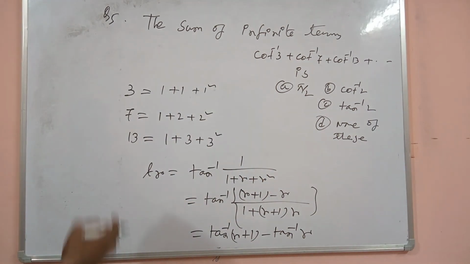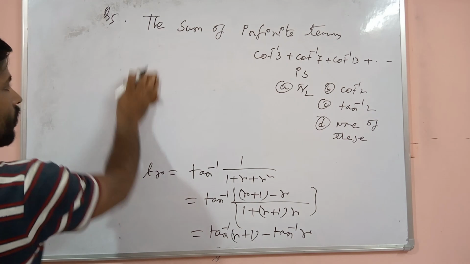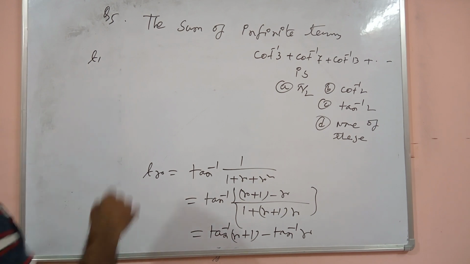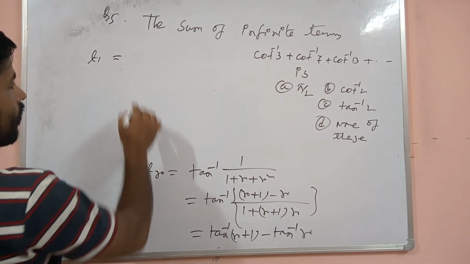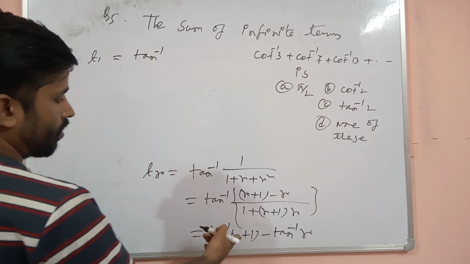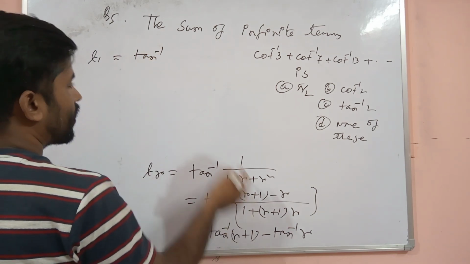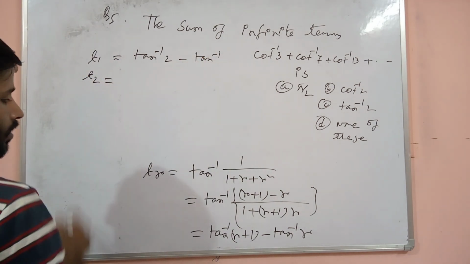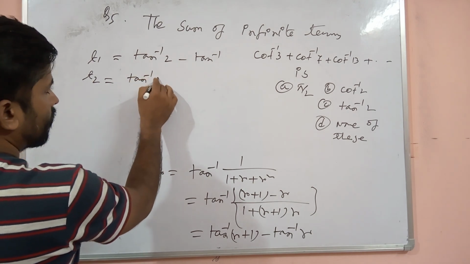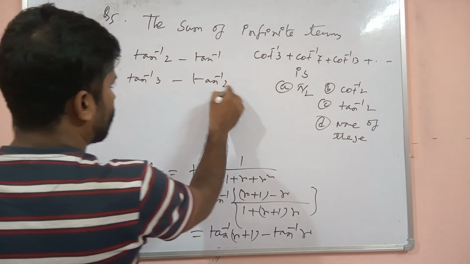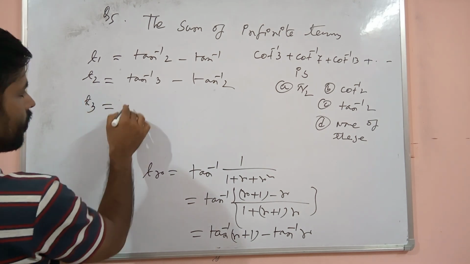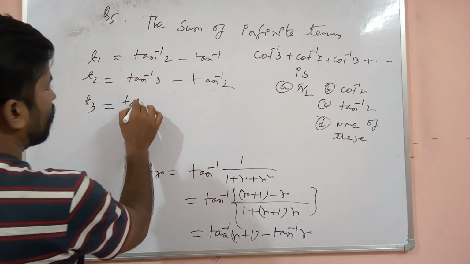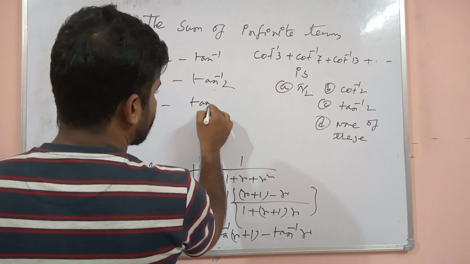So its first term, with suffix 1, would be tan inverse (1 plus 1), that is 2, minus tan inverse 1. Second term would be tan inverse 3 minus tan inverse 2. The term with suffix 3 is tan inverse 4 minus tan inverse 3.